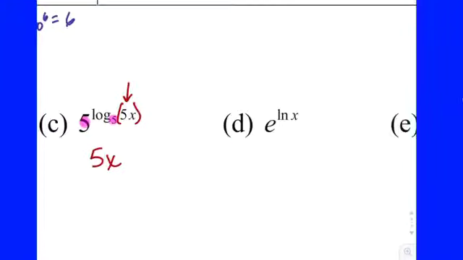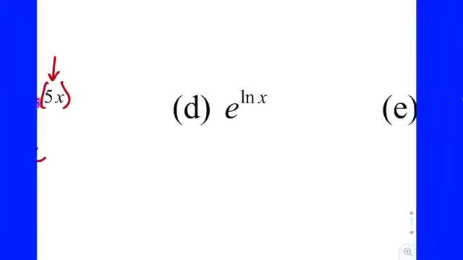Okay. Letter D, you do. 5 seconds. What's e to the natural log of x? It's x.